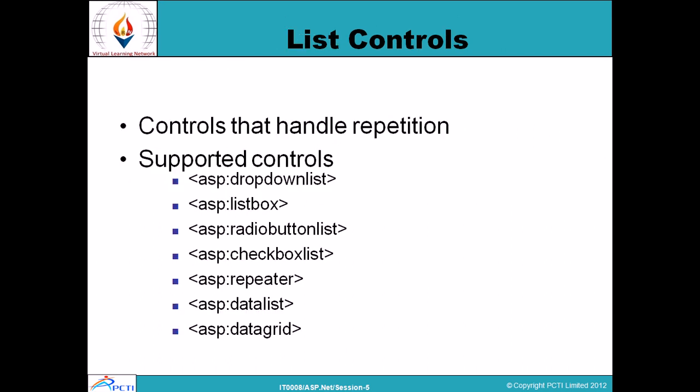Now, further we are going to discuss the list control. List controls handle repetition. Sometimes in the database or in the normal interface, we have data which involves repetition. Repetition is bound to happen.